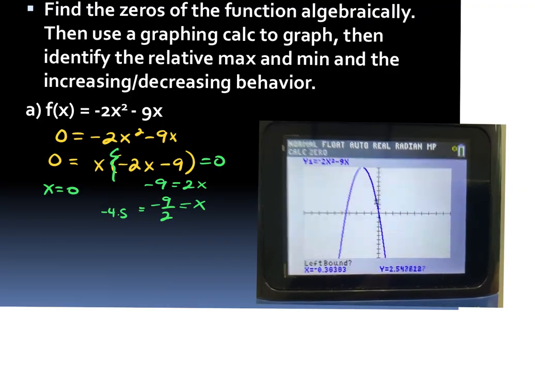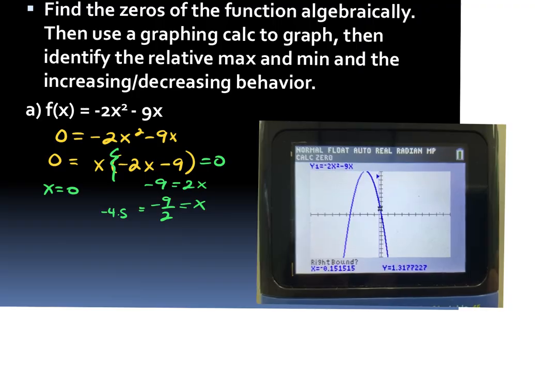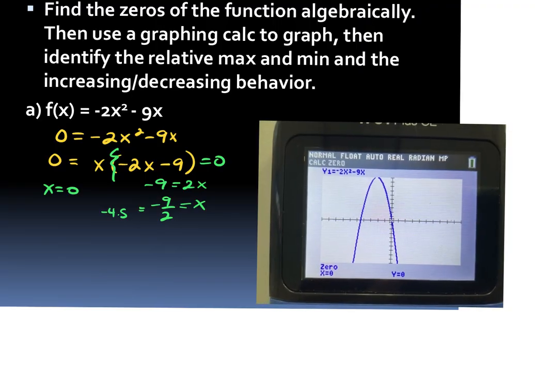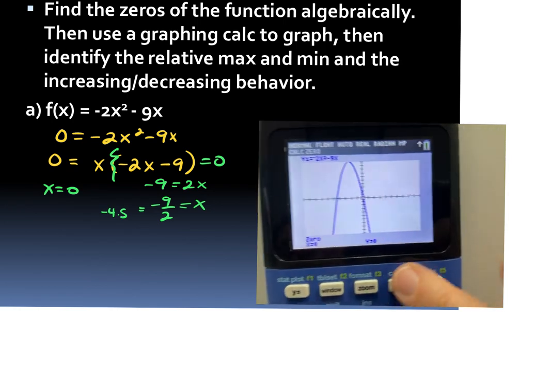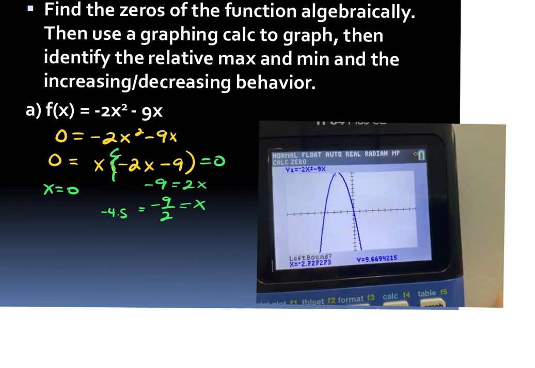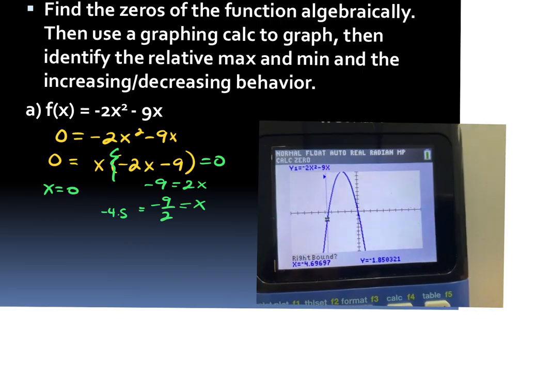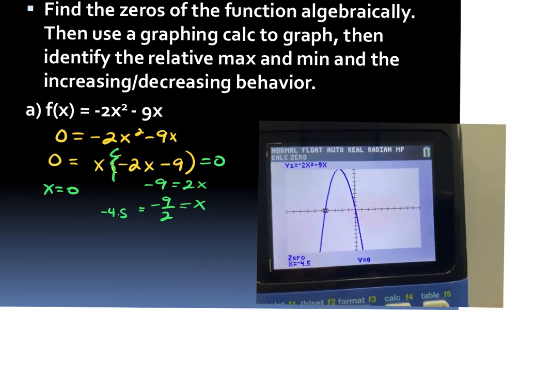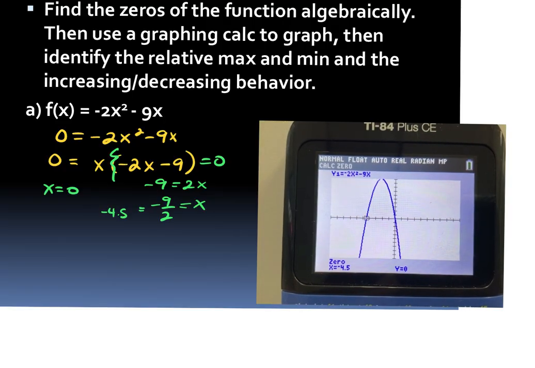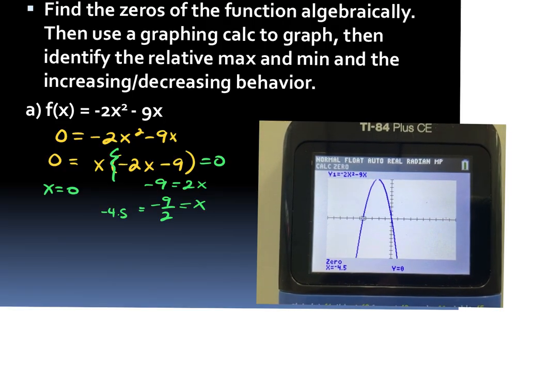So I could go left of it and then right of it and then hit enter, but it's going to take you back there. And then I'm going to do it again. Second, trace, go to 0. I'm going left of the other one, right of the other one, and hit guess, sorry. And there's my negative 4.5. So we were right, and that's how we can check it.